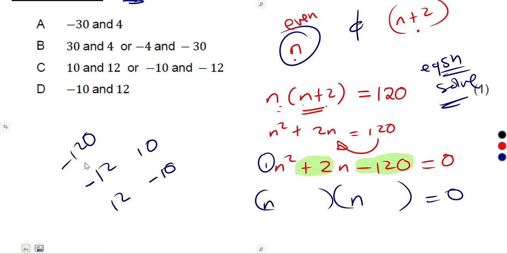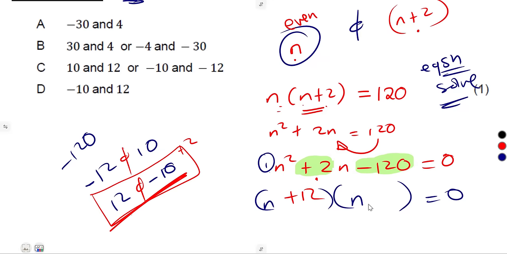These are the factors of negative 120, guys. If you multiply them, you're going to get negative 120. But when we add, where are we going to get a positive 2? That's here. If we add these two, we're going to get a positive 2. So that's positive 12 and negative 10. So these are the numbers.